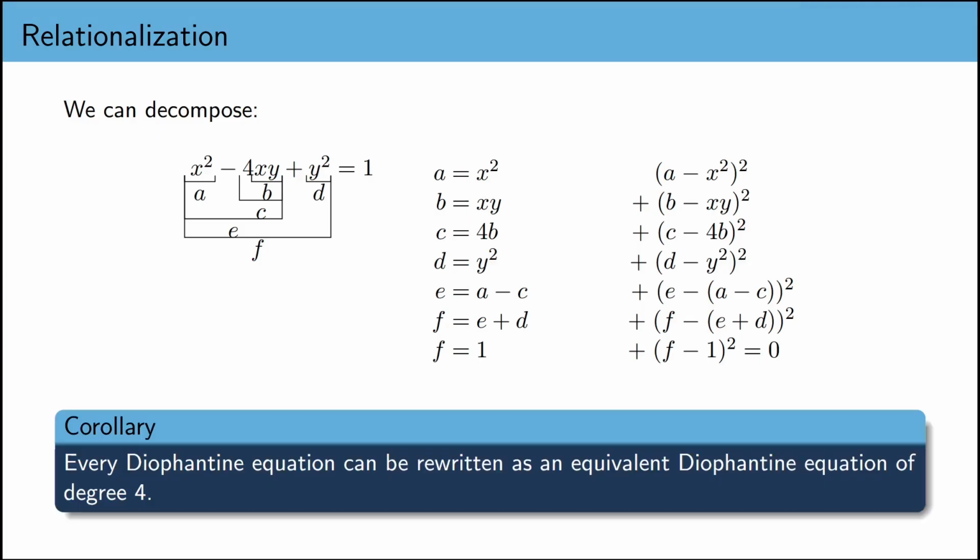So every Diophantine equation can be rewritten as an equivalent Diophantine equation of degree at most 4. So that's kind of interesting. All of the difficulty happens already at degree 4, provided that we're allowed to have lots and lots of variables.